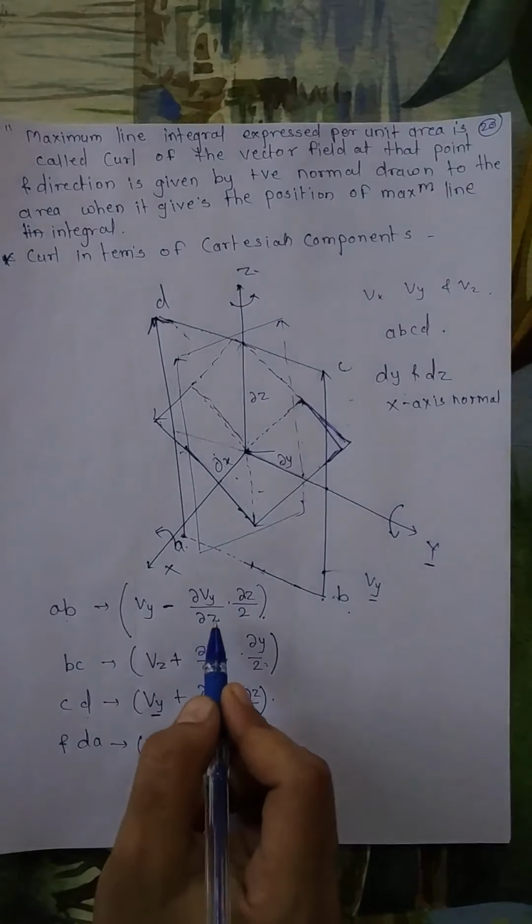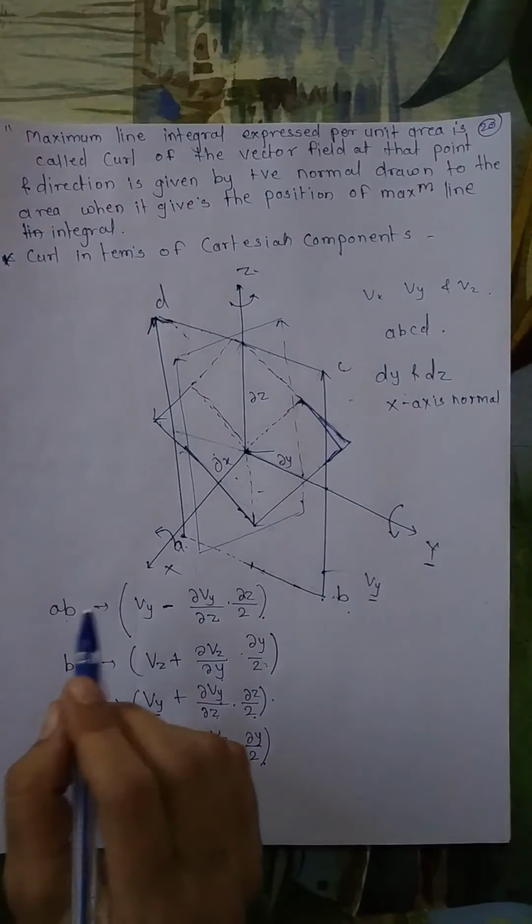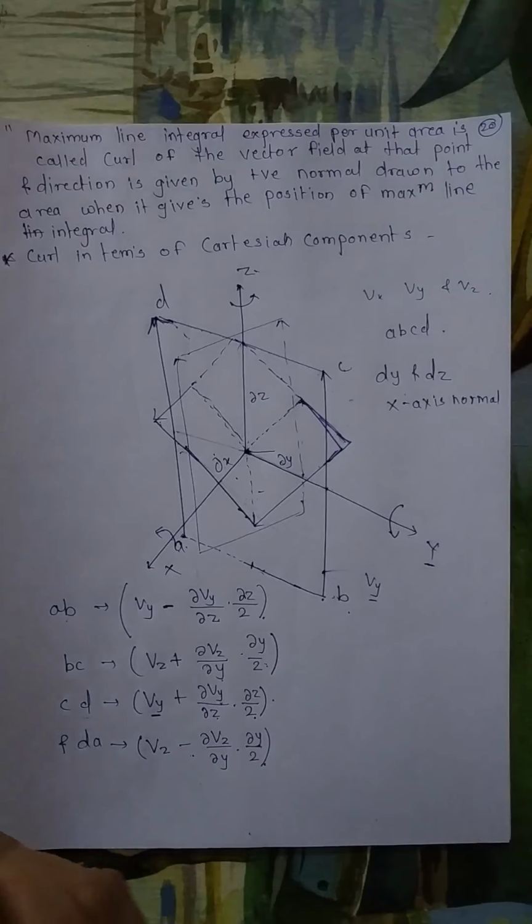So these are the boundaries and the corresponding mean values along the four sides of the rectangle respectively.